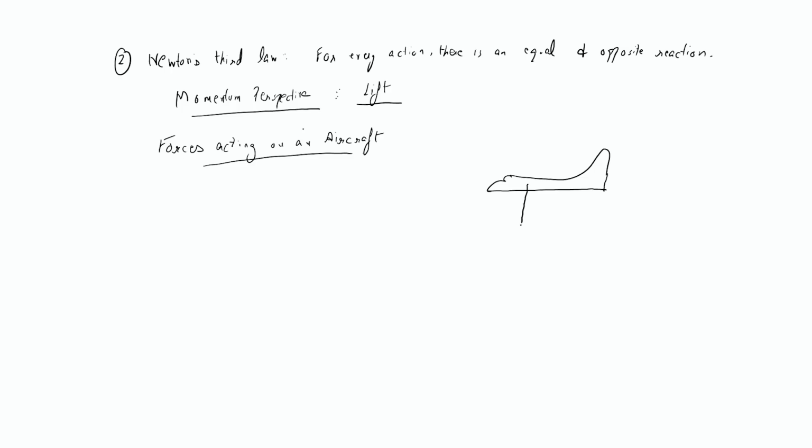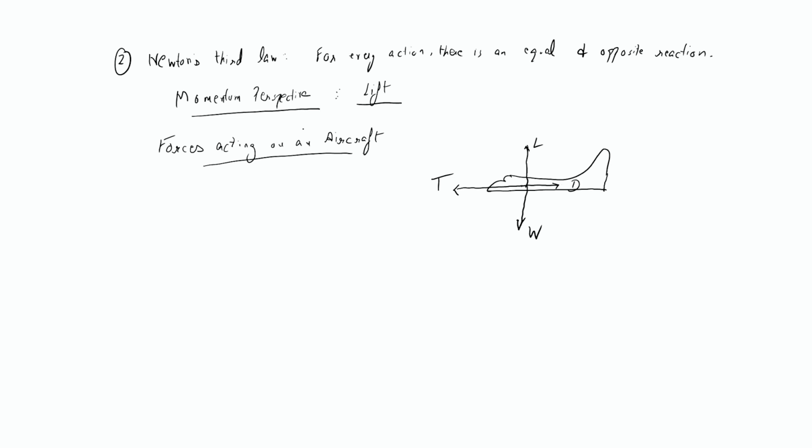One is of course the weight of the aircraft. Second is the thrust, that is because of the engines. Upward force, that is the lift. And there is one more force, it's nothing but drag.